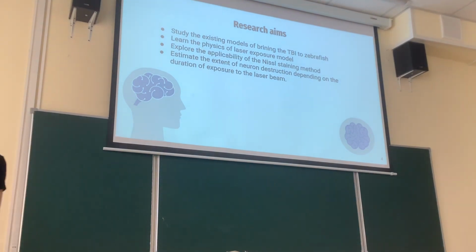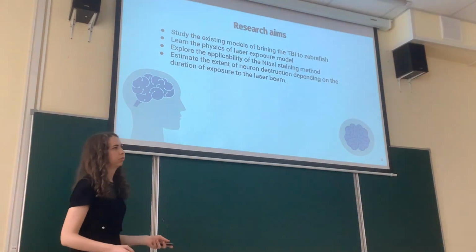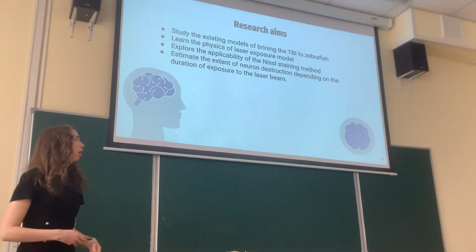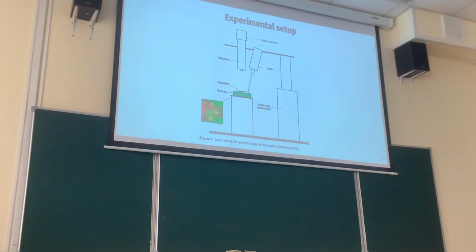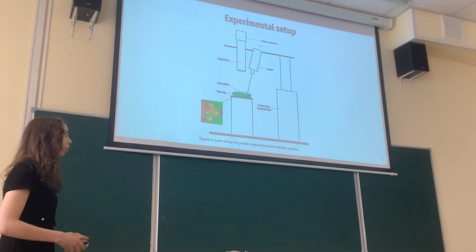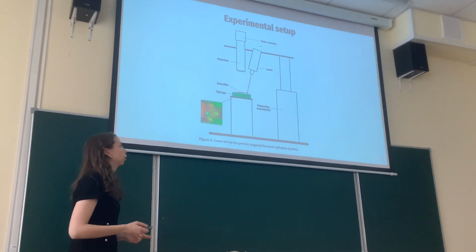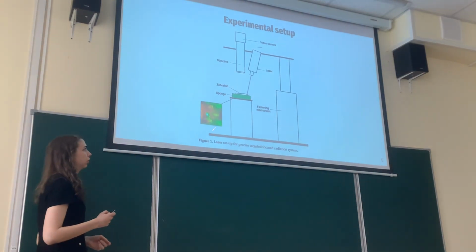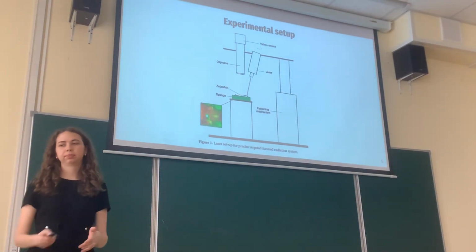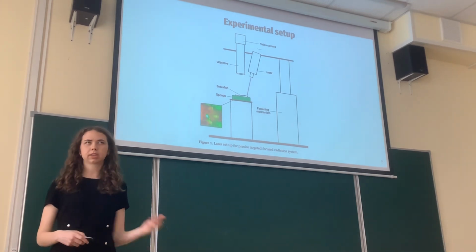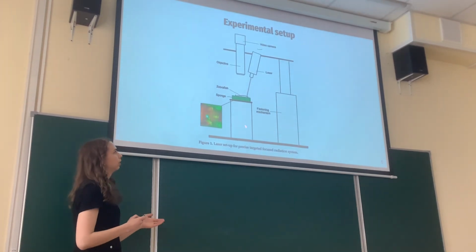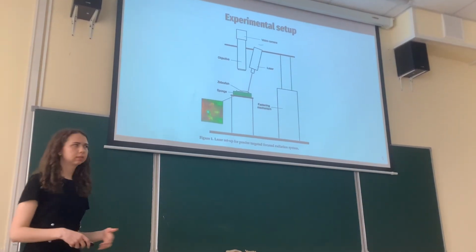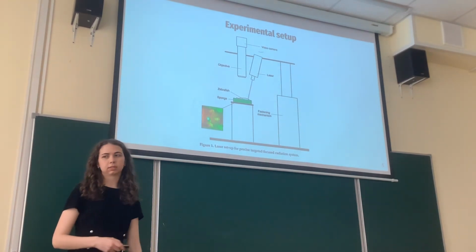And how did we determine the damage extent? Firstly, here's the experimental setup. The laser is targeted to the fish's brain, and the beam is focused for either 0.5 seconds, 1 second, or 1.5 seconds.